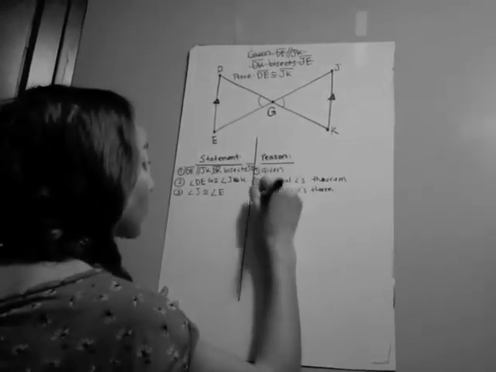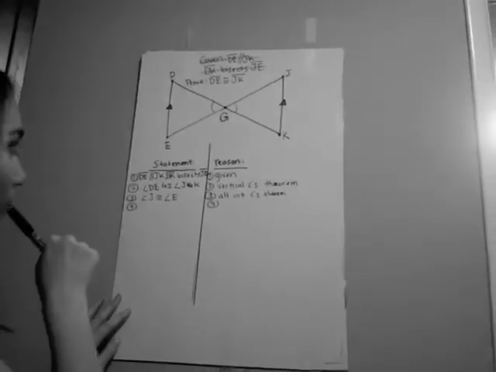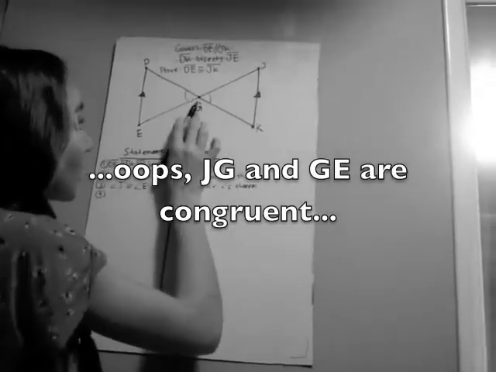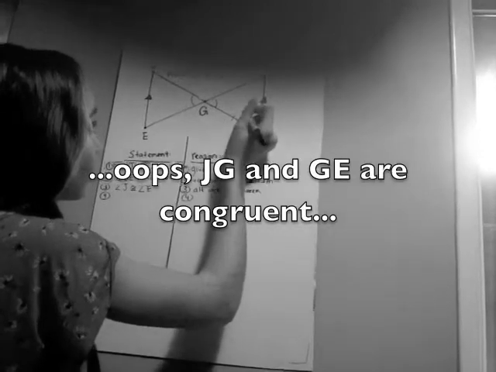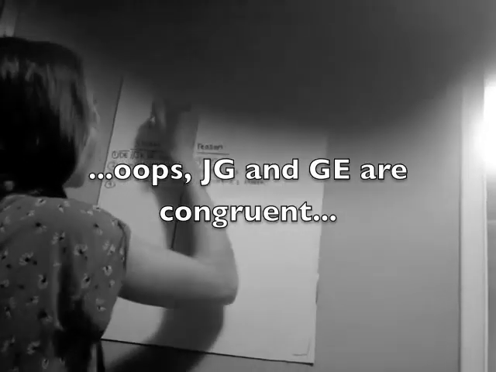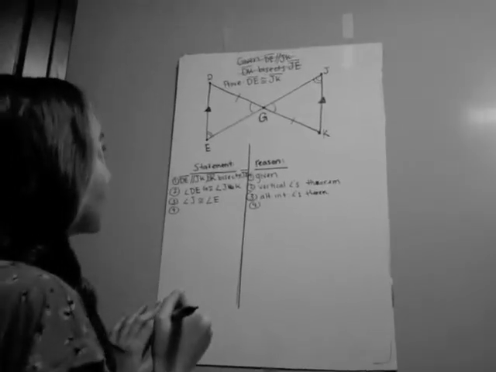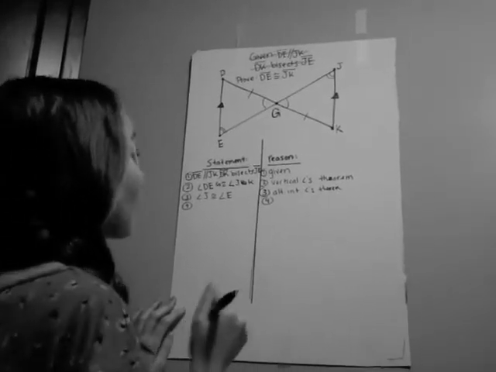And then I would say that since DK bisects JE, DG and GK are congruent. And that's definition of bisector.